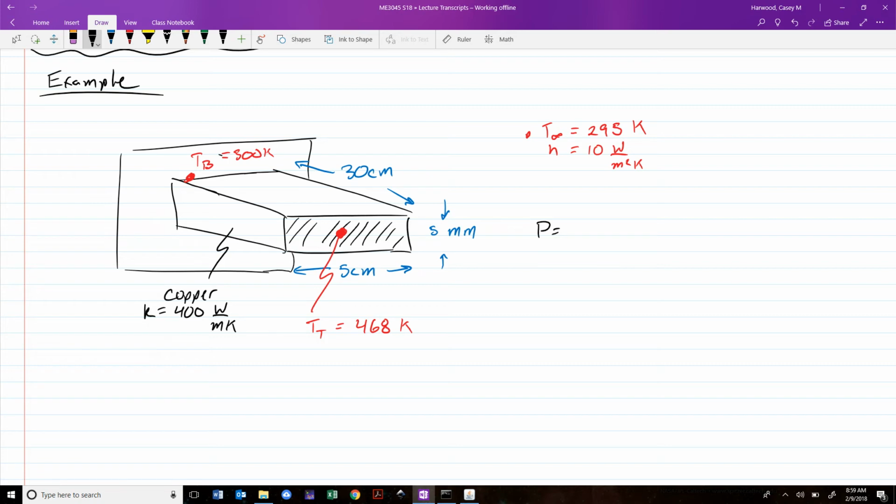So 2 times 5.5, we end up with an 11 centimeter perimeter, 0.11 meters. The cross-sectional area is going to be 5 centimeters by 5 millimeters, so 0.05 meters by 0.005 meters. It gives 2.5 times 10 to the negative 4th meters squared.